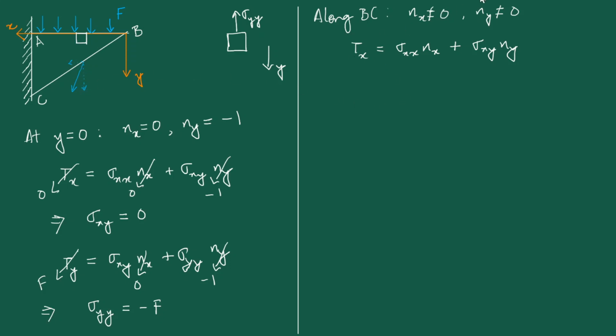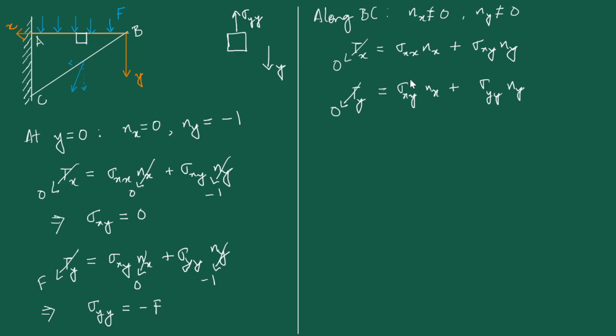So that's how this is 0. Similarly, the ty is going to turn out to be 0. Let's write this down. We can't say anything more about the right hand side.